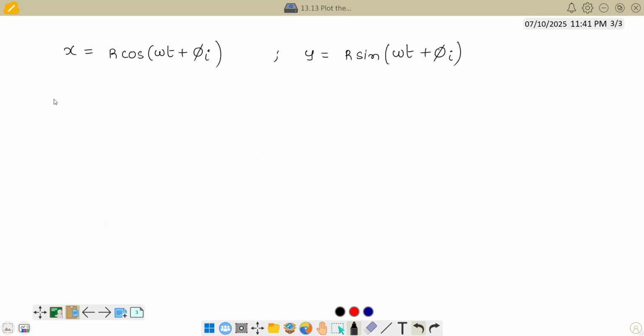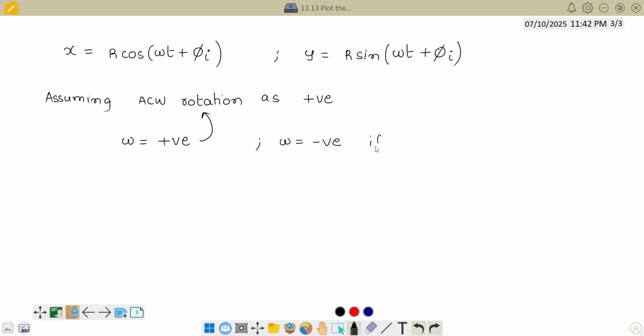That we are assuming anti-clockwise rotation as positive. That means omega we will substitute as positive if it is anti-clockwise. We will substitute omega as negative if clockwise is given in the question. This is one thing that you have to remember.